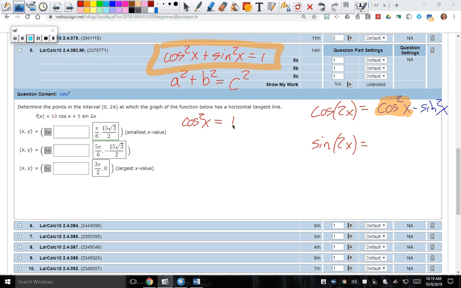Yep, 1 minus sine squared. So if you were to put this where cosine squared is at, the other one that you should memorize, that's cosine of 2x, is that one. And that one's the one that we're going to use today. 1 minus 2 sine squared.